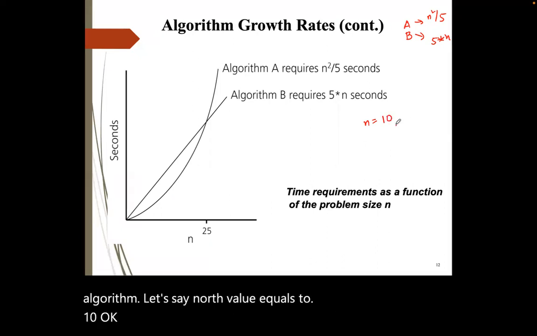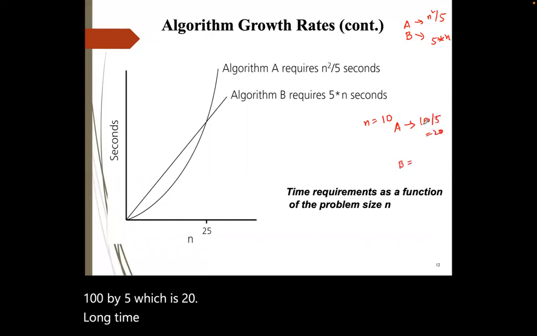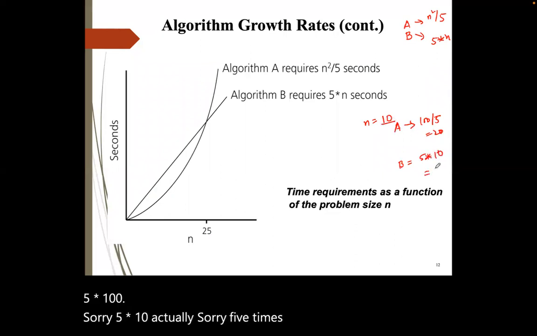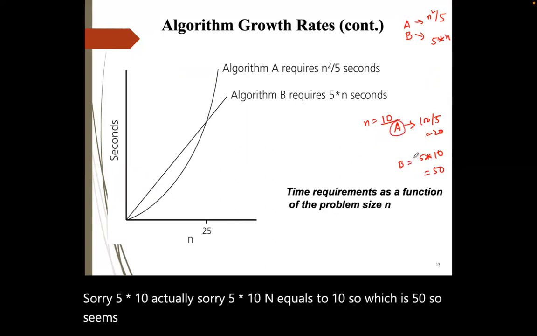The runtime of A is 100 divided by 5, which is 20. The runtime of B is 5 times 10, which is 50. So it seems A is faster.